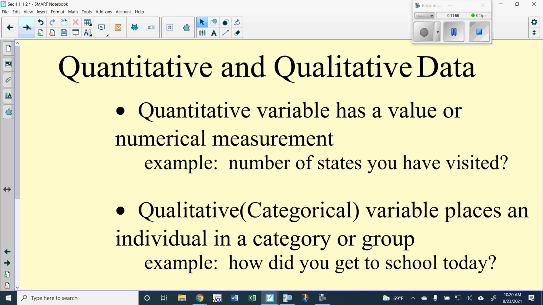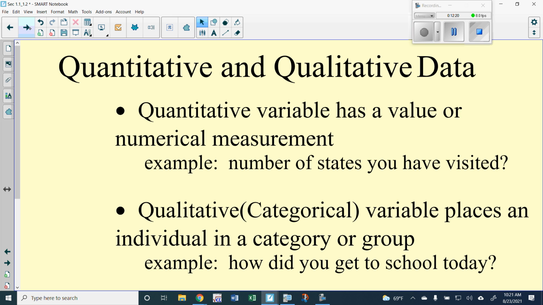It's easy to get confused. So when you think of these, a lot of the time for qualitative data, I would just say it's categorical data. That's what it means, right? So quantitative data is a quantity. It's a number. Qualitative data or categorical data is things you can put into categories.